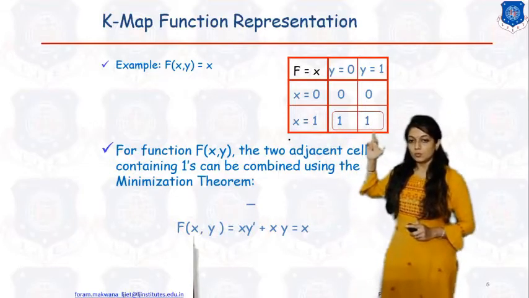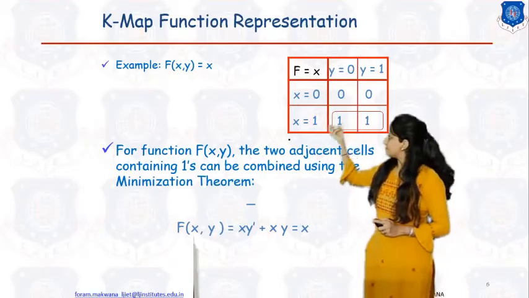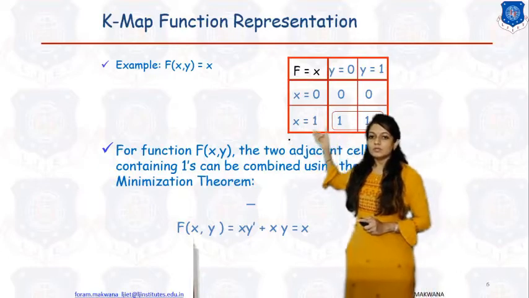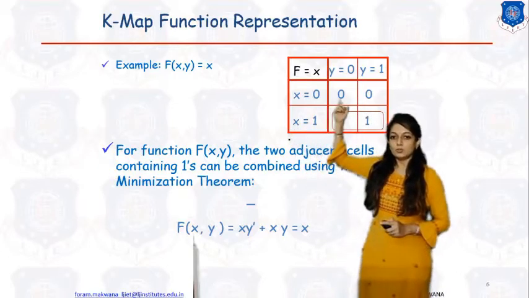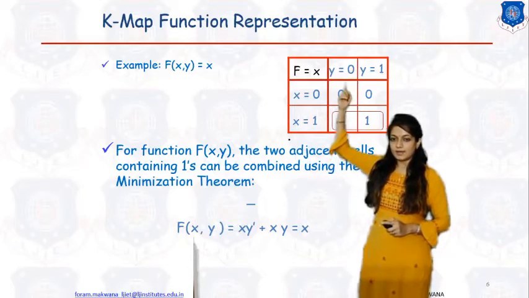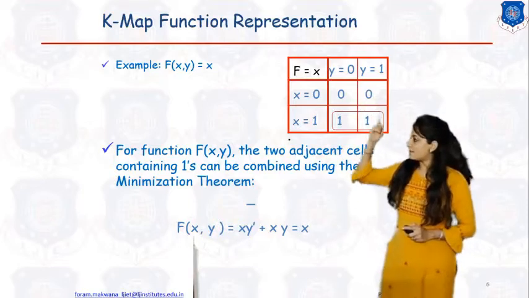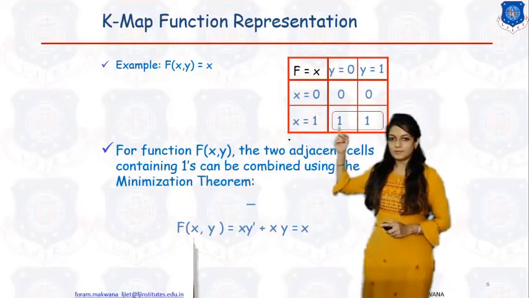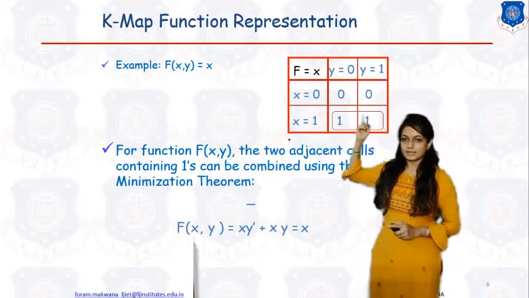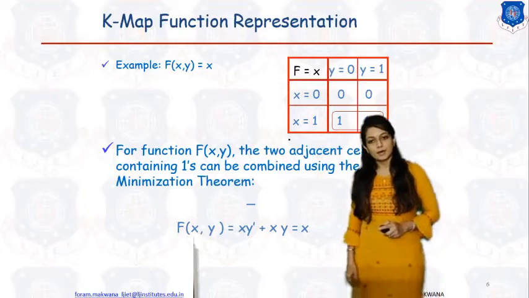Because we need to place a 1 in this K-map where we will get the answer equal to x. If 1, 1 is placed over here, the answer is y bar. If 1, 1 is present over here, answer is y. If 1, 1 is present over here, then the common is x. And if 1, 1 is present over here, then the common is x bar.